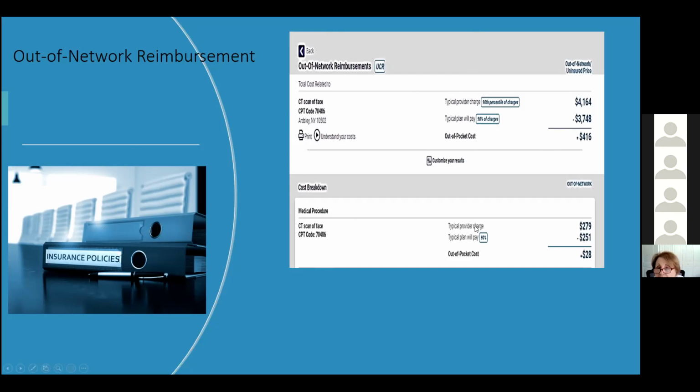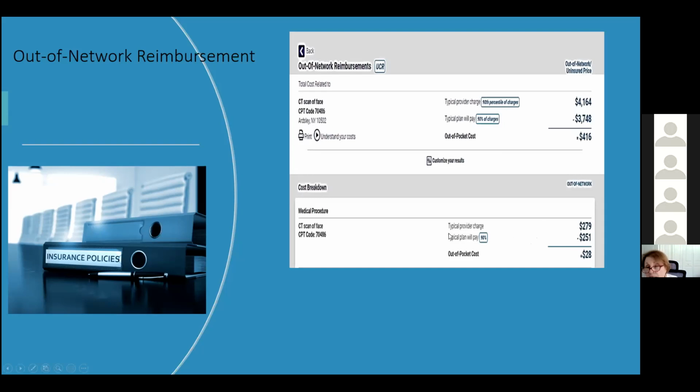The reading, the medical procedure, not taking it, but the reading of the film usually is about $279 or $175. It could be anywhere because everything is mandated by the zip code you're in. So that's why I like using fairhealth.com.